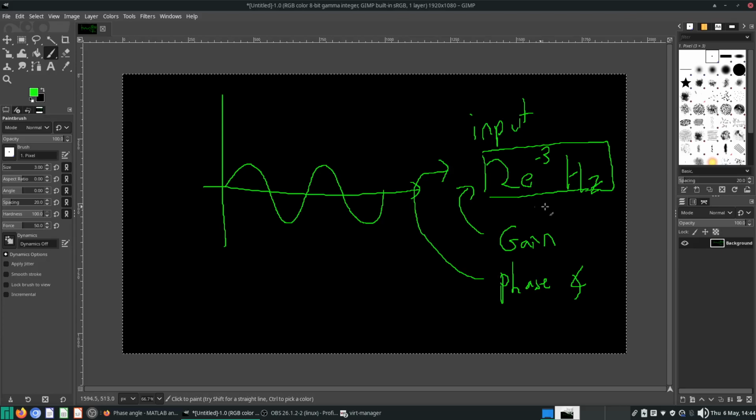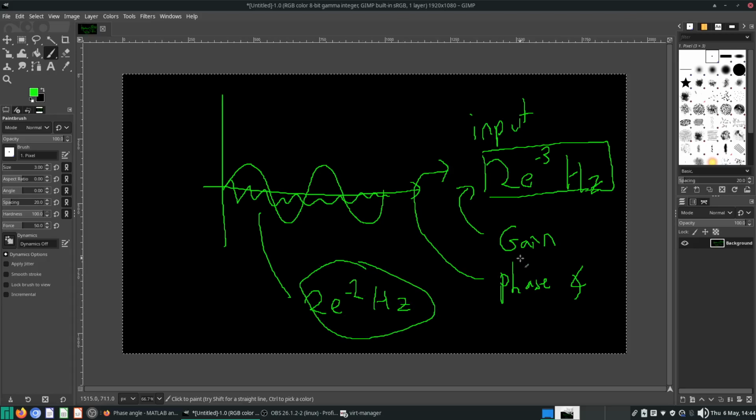If I have multiple input frequencies, it's a more complex thing. Maybe I have another one, which is 2 times 10 to the minus 2 hertz. Then I need to look out for both the frequency 2 times 10 to the minus 2 and 2 times 10 to the minus 3, because both of these are superimposed on my input.